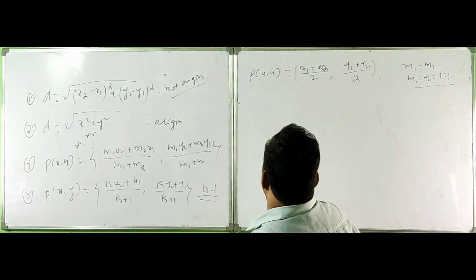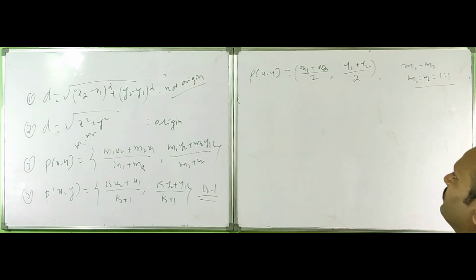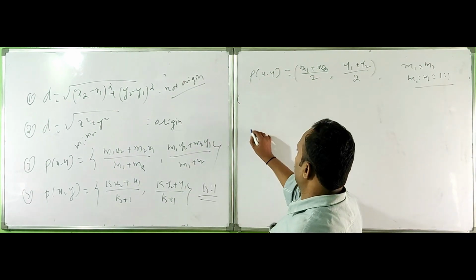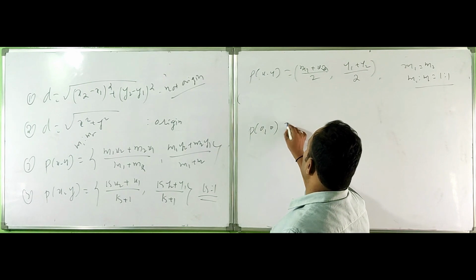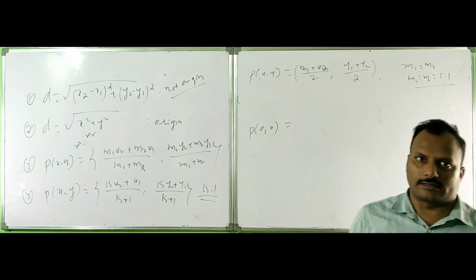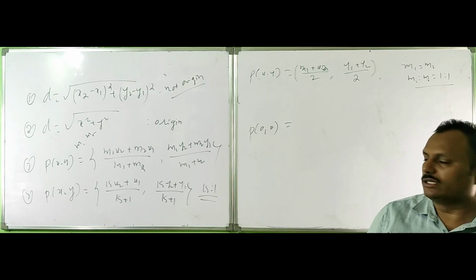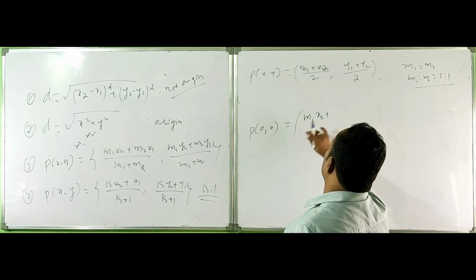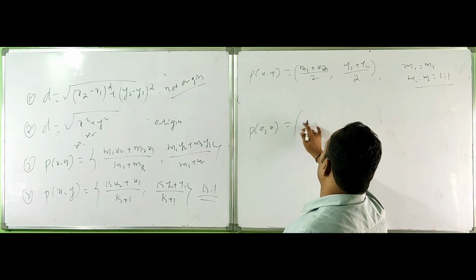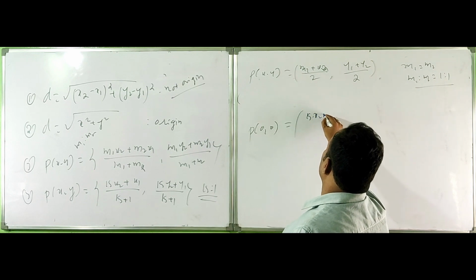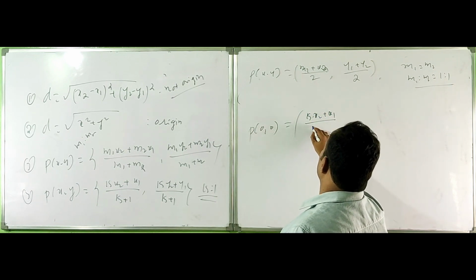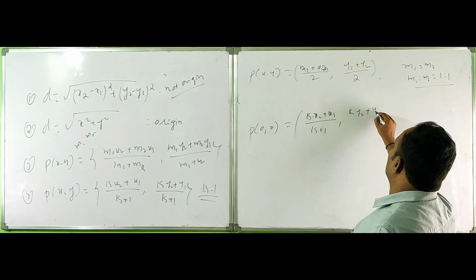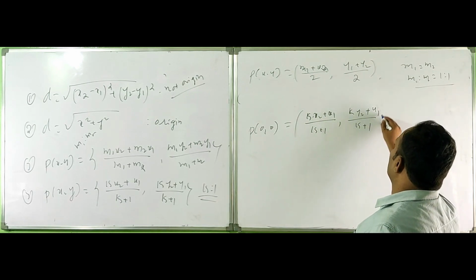Then if the point is the origin, how will you get it? Another point is P of 0, 0. If they give the origin, the line passes through the origin. Then you should write M1 X2 plus M2 X1, or you can write it with K1 and K2 also: (K X2 plus X1) divided by (K plus 1) and (K Y2 plus Y1) divided by (K plus 1).